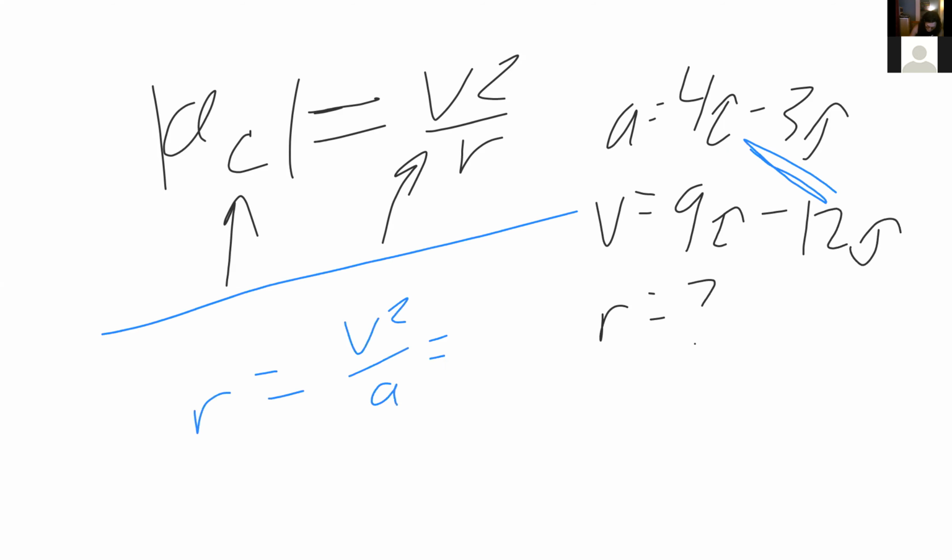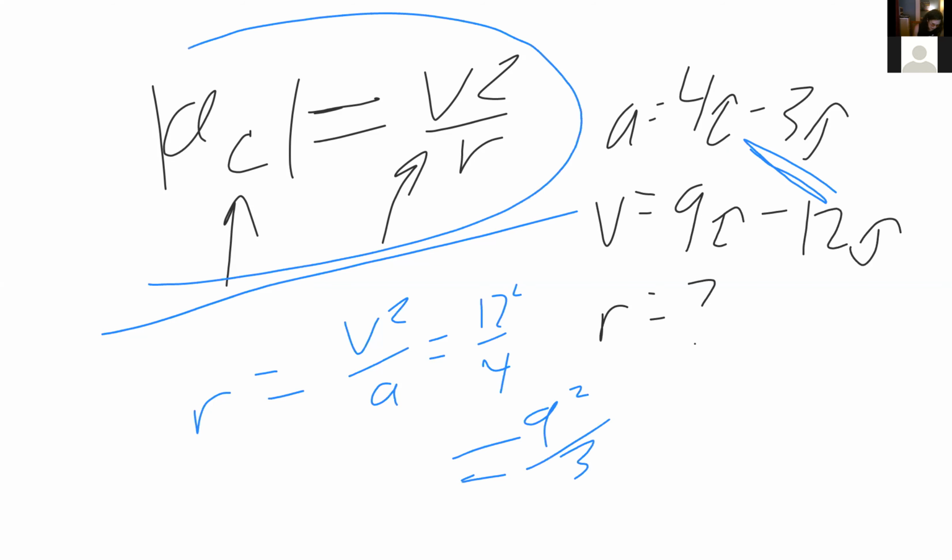And so that would be either 12 squared over 4, as I've sort of sketched out here, or it would be 9 squared over 3. And in both cases, you should come away with the same answer. I'm not going to check that work. But that's your circular motion problem, and this is the circular motion that you're concerned with.